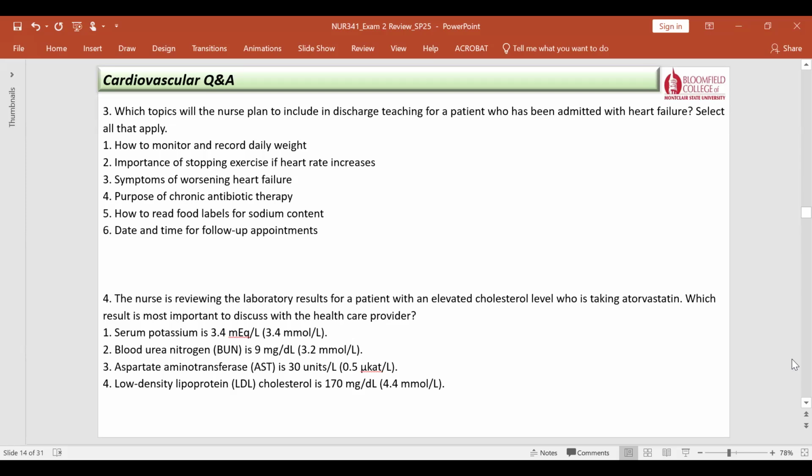And also the nurse will teach the patient that a moderate increase in the heart rate and respiratory rate or effort is normal.